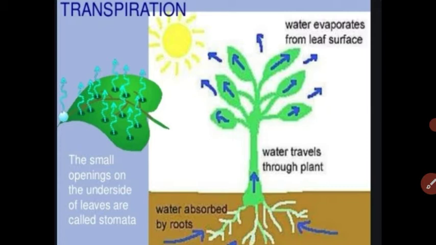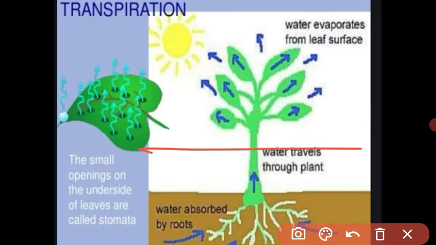Let us see the overview of transpiration. As you know, students, the plant has a root, stem, xylem, phloem, and vascular bundle. In the previous classes we studied the parts of the plant, functions of the plant, and tissues of the plants. This is the root of the plant.